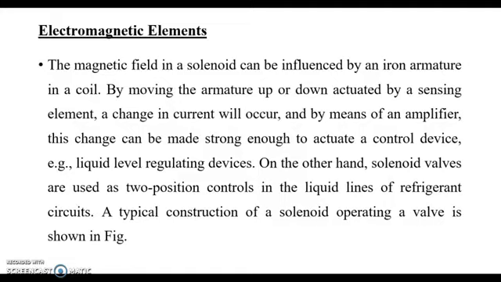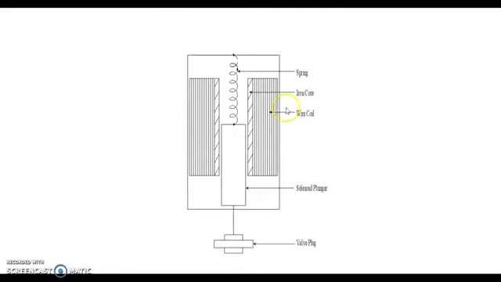Electromagnetic elements. This is the block diagram of an electromagnetic element. The magnetic field in the solenoid is influenced by the iron core armature. By moving the armature up and down, a change in current will occur.